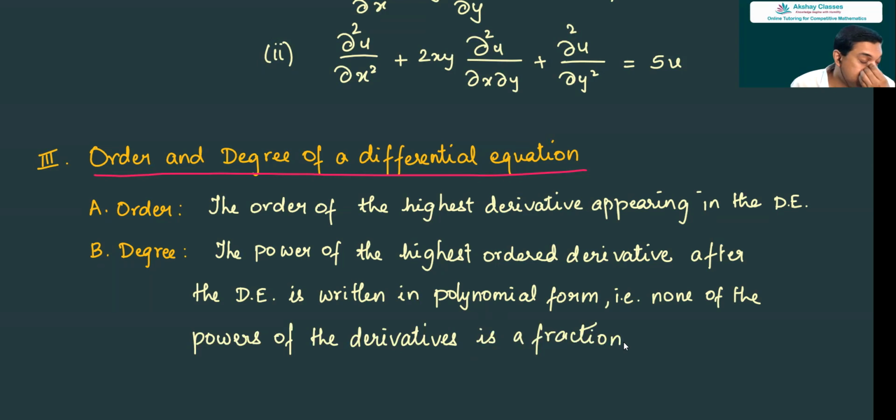That is, we remove the fraction, suppose it is 2 by 3. We will take examples. Suppose du by dx to the power 2 by 3. We will have to cube it to remove the 2 by 3 from it. Once we do that, then we can find the degree. We'll do examples.